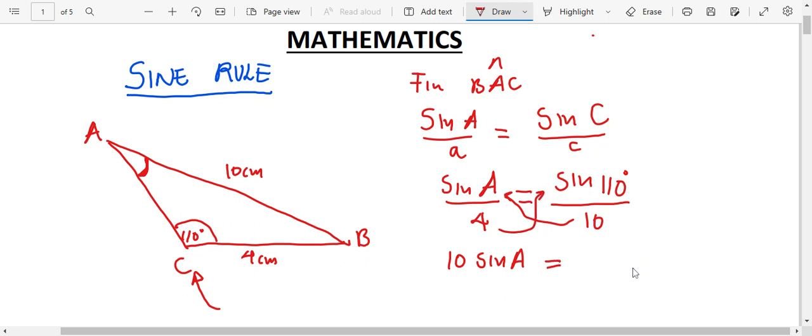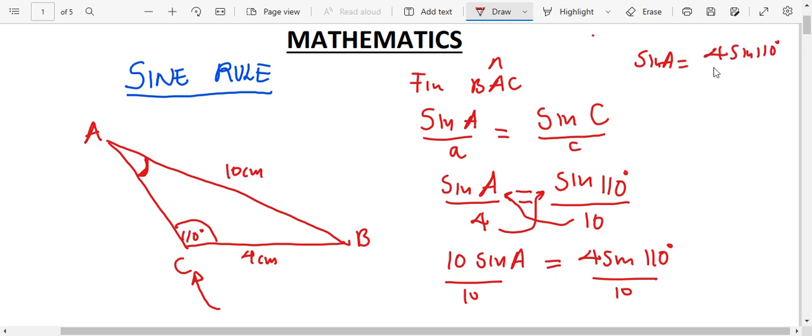Now 4 should always go in front, so that is going to be 4 sine 110. So to remain with sine A, I'm going to divide both sides by 10. So that is going to give us sine A being equal to 4 sine 110 divided by 10.